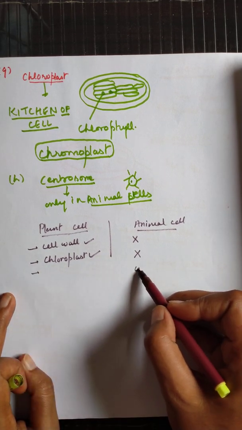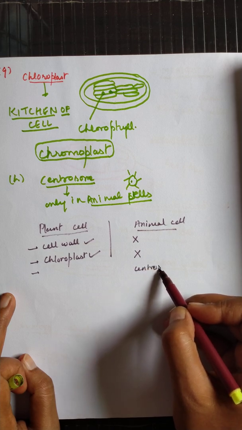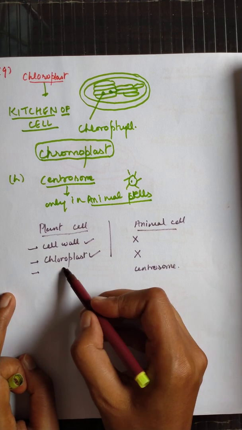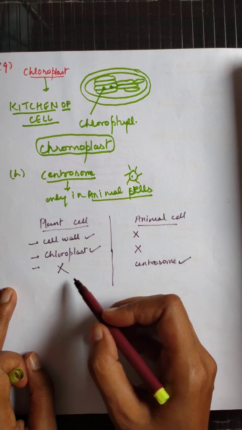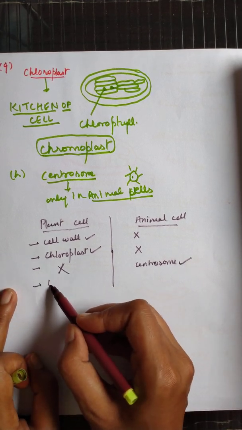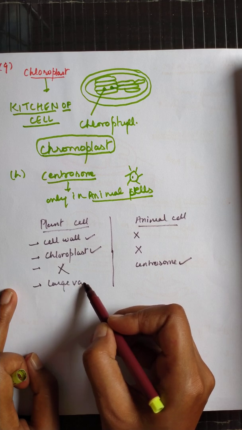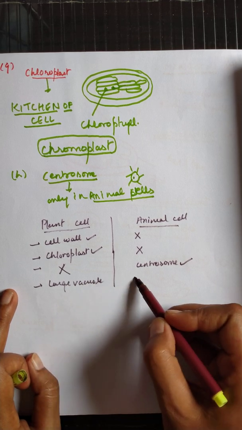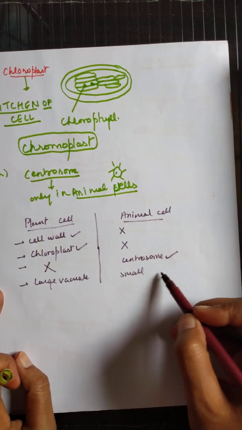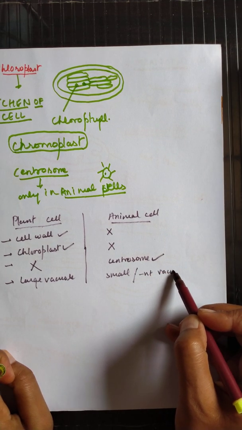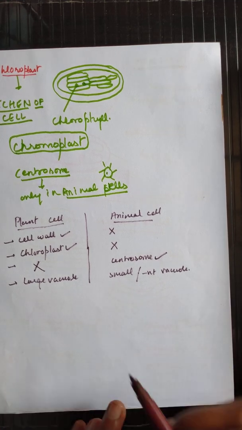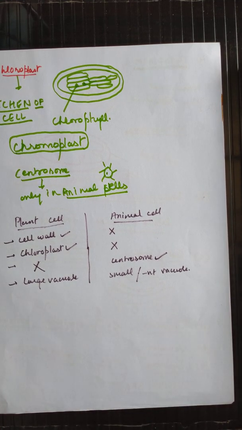In animal cell the centrosome is present for cell division, but in plant cell the centrosome is absent. In plant cell a large vacuole is there, but in animal cell the vacuole is either small or absent. So these are some of the differences between plant and animal cells.